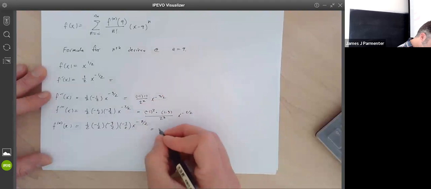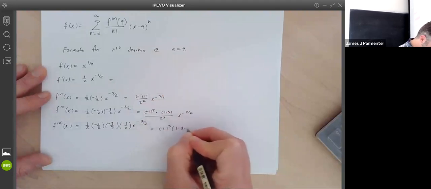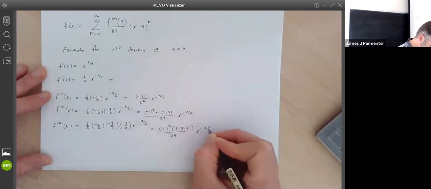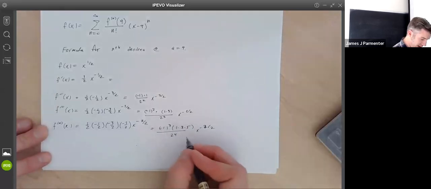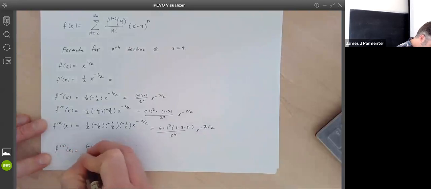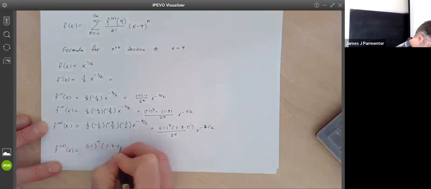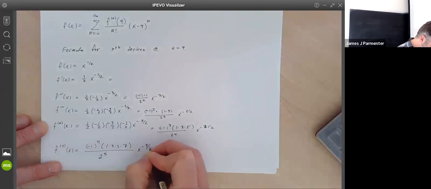And this one here is -1 cubed times 1 times 3 times 5 over 2 to the 4th times x to the negative 7/2. And the next one, just by following the pattern, would be -1 to the 4th times 1 times 3 times 5 times 7 over 2 to the 5th times x to the negative 9/2.